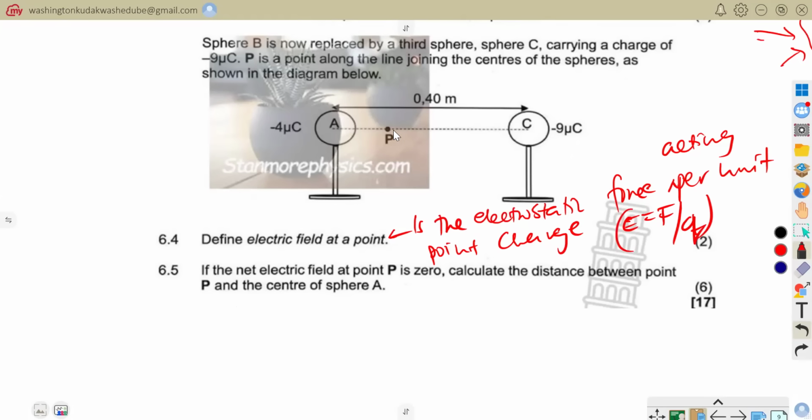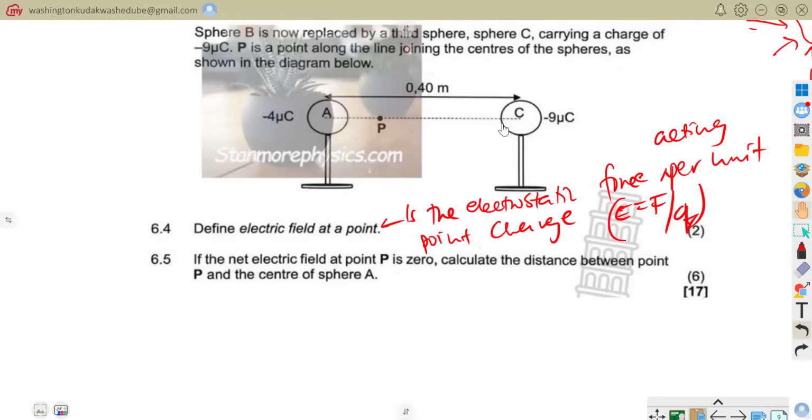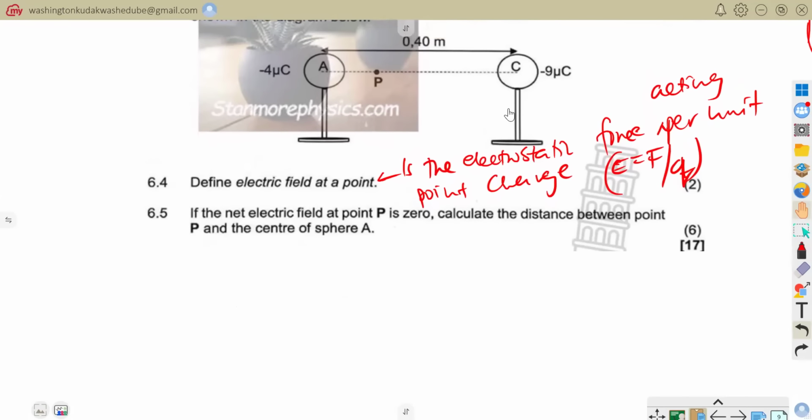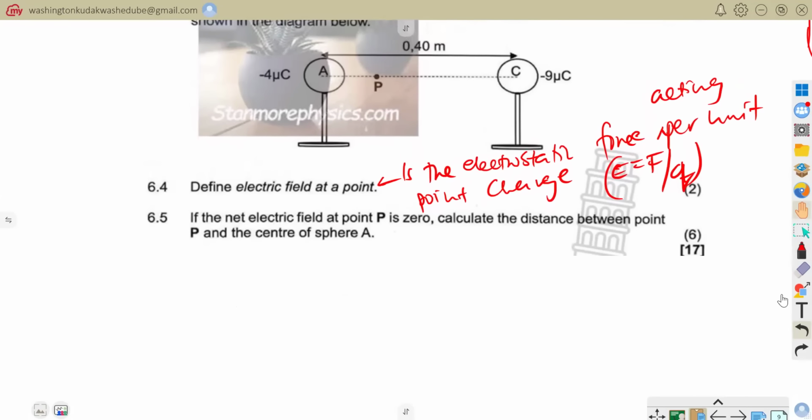Distance between point P and the center of sphere what? A. So what I'm going to do there, let me just move it up a bit. Just like that. I'm going to call this distance x, and this distance 0.4 minus x.